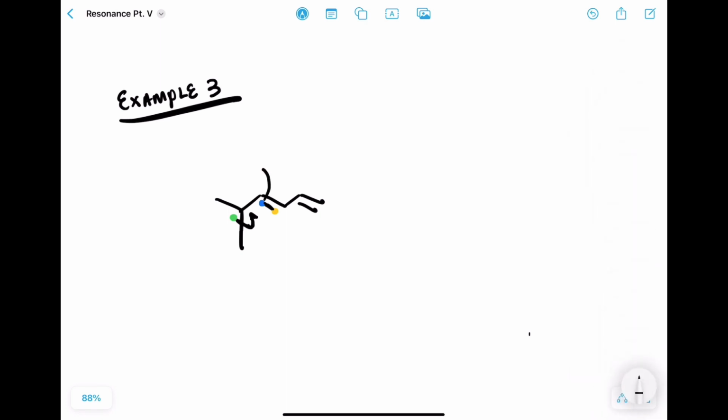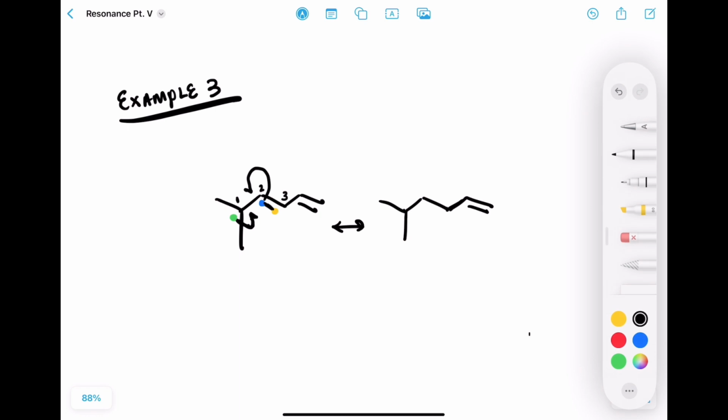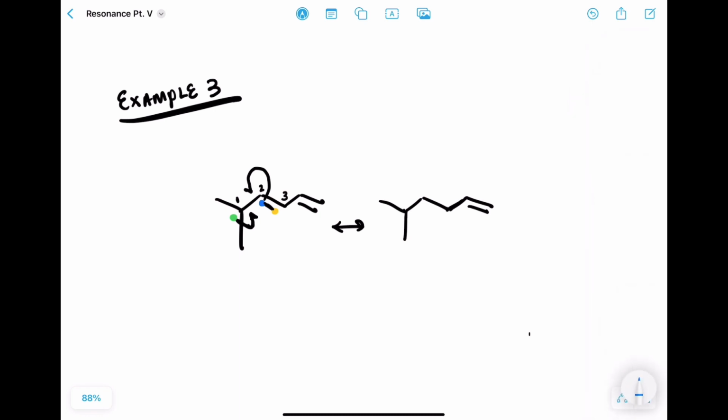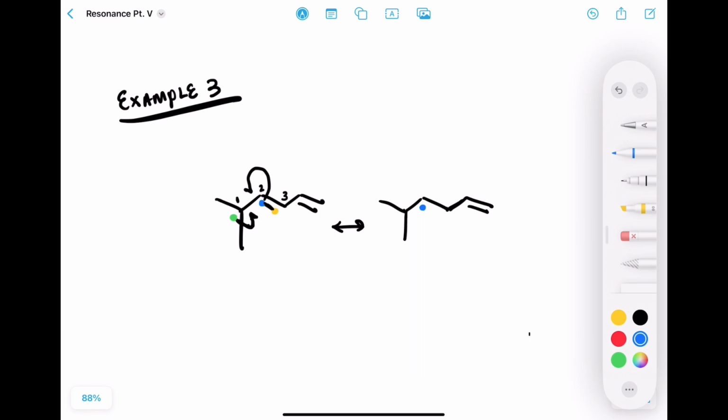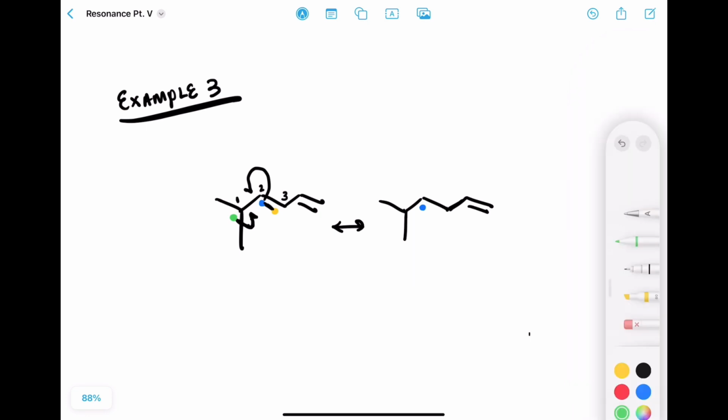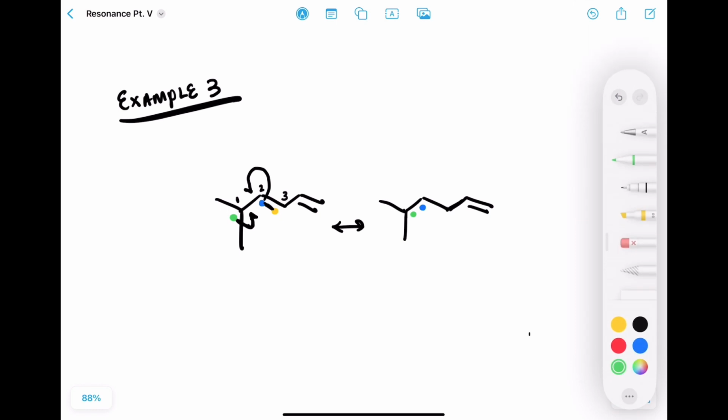Just for the sake of understanding where things are moving, this blue electron, half arrow, just that one electron, not the whole bond, will form a bond. Let's number this 1, 2, and 3. It will form a new bond between 1 and 2 by combining with the electron, the radical on 1. And so what you'll get is a resonance structure that looks like a blue electron there that was initially part of that bond, and then a green electron there.